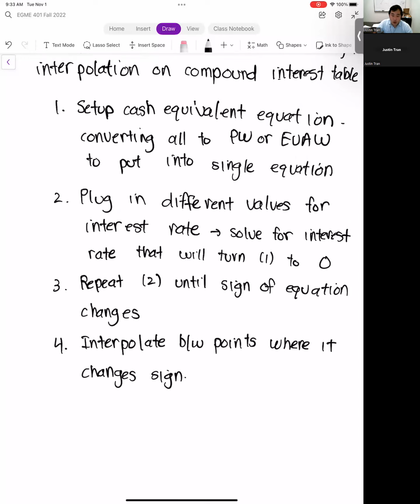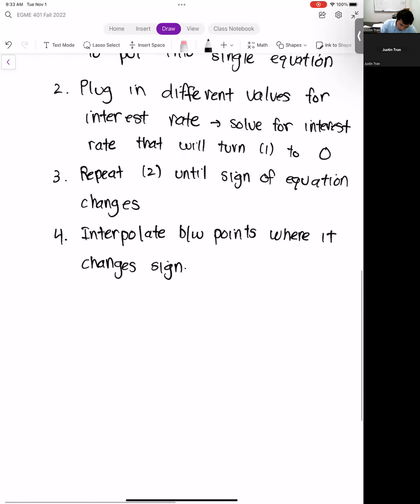Okay. For cases where you are performing a comparison, this is where I saw a lot of people trip up in the homework. Whenever you're doing a comparison, you want to set up an additional step.